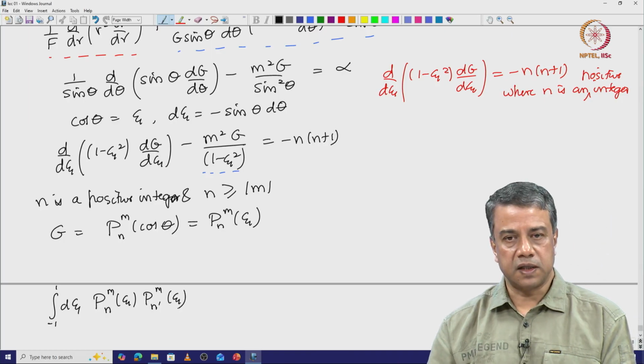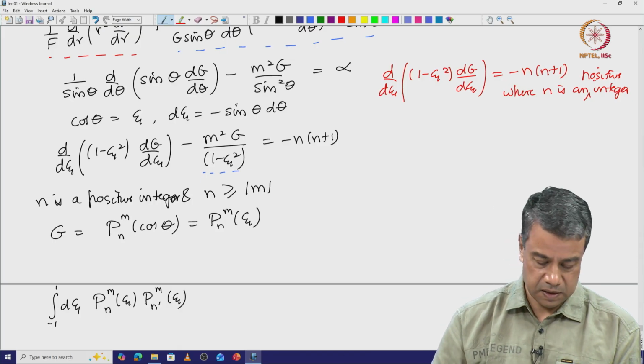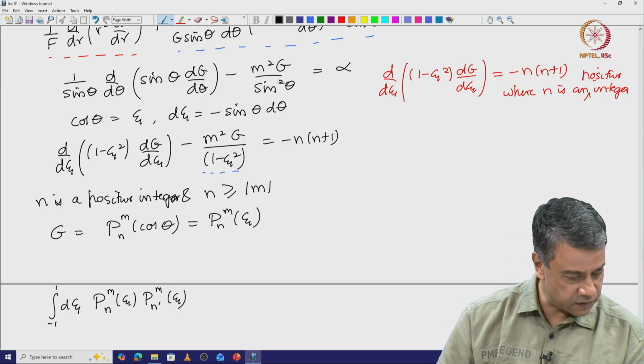Note that the index m is the same on both of these. N is changing. N is different in both of these.